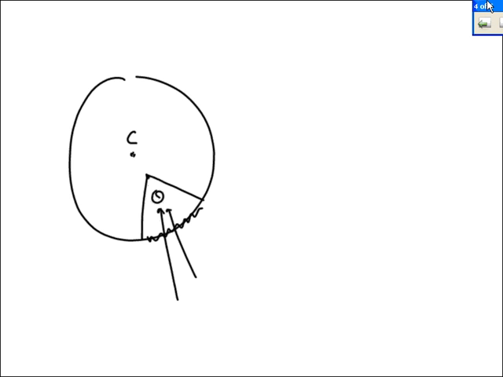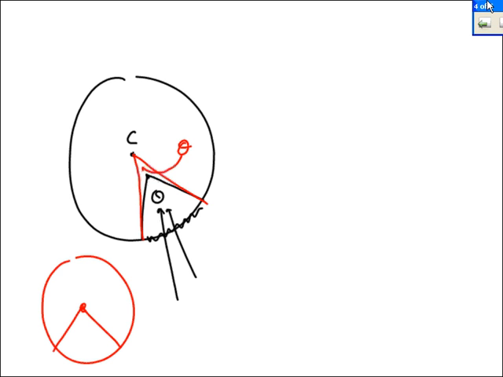I can draw one that cuts off the same arc. That angle in there, theta, that's the central angle. It just starts from the center. It's the angle, it's not the arc. Sorry about that. I have arcs in the back of my mind for this section.